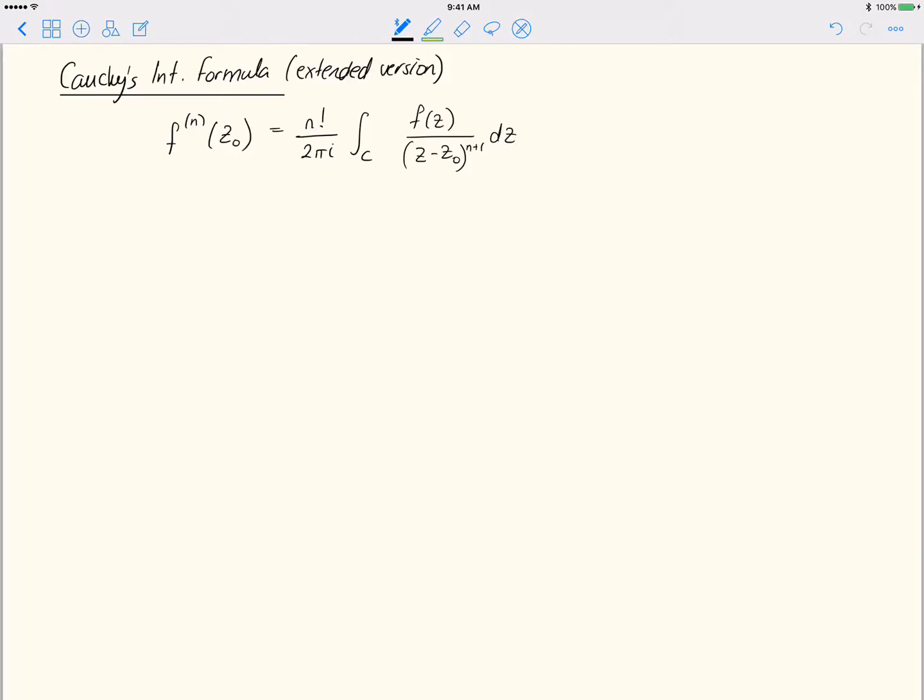So this is a really nice result as well, but its application is straightforward. Again, it's just a formula. So I think if I just show you one example, you should get an idea of how you would apply this formula.